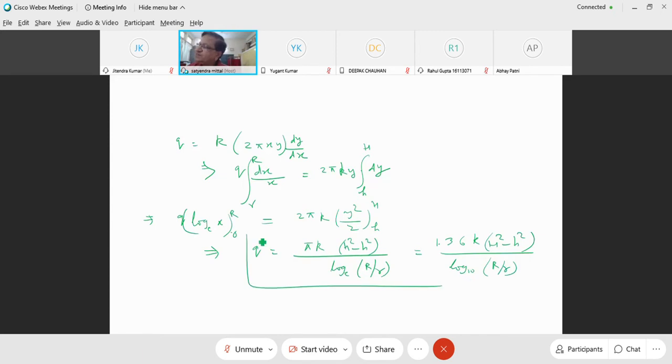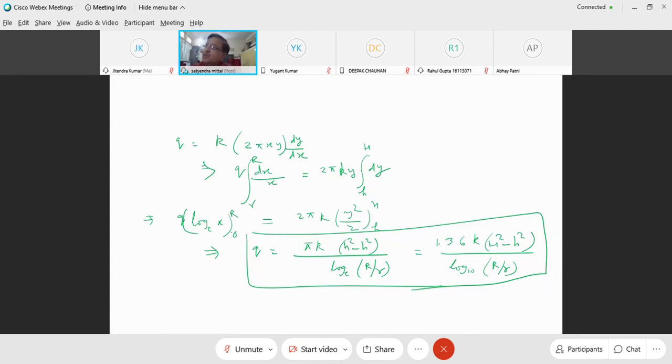So this is the value of the permeability for the unconfined aquifer. This type of derivation is also generally asked in the midterm exam, although the midterm exam will not be there in this very semester, but definitely in the exam sometimes we prefer to ask this type of question.